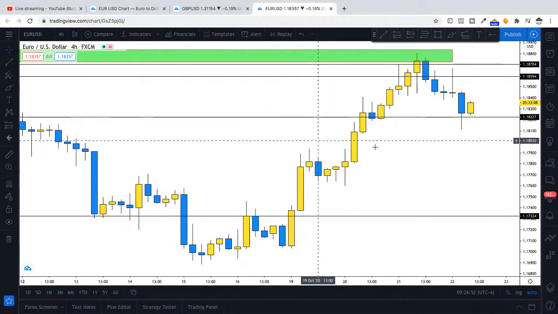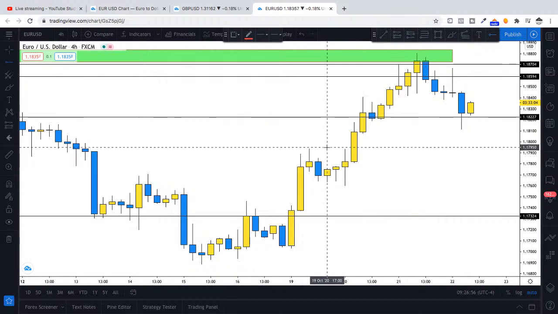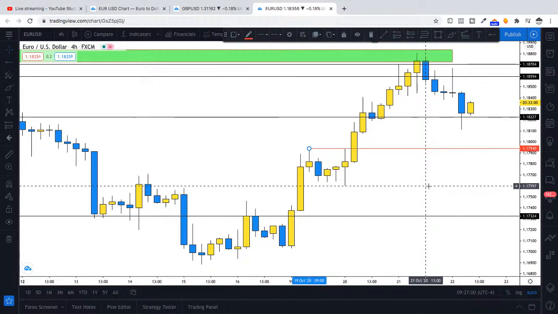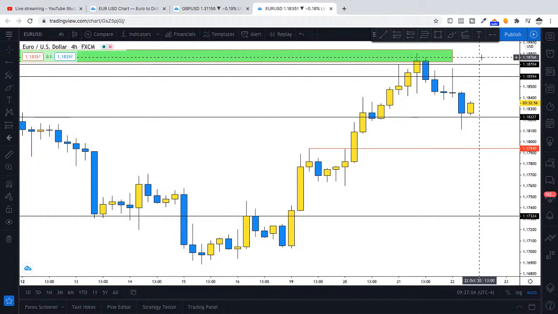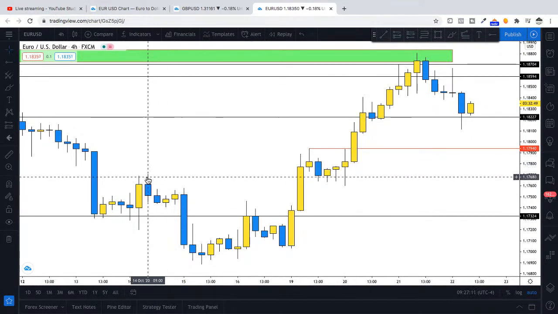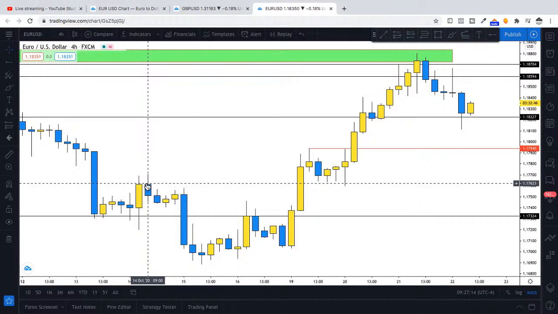We'll look at it on the hourly. I am still interested in this area, as it may make another leg down before it wants to push up. Another area of interest. Yes, right here.